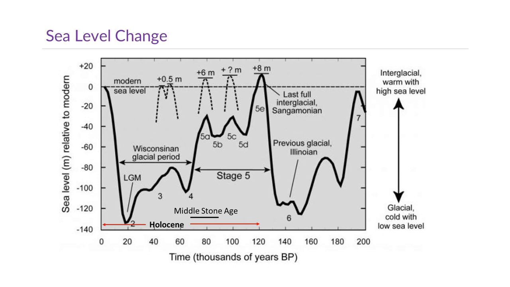It makes you wonder, some of these shell middens and things around here, have they ever been properly excavated? And then the last glacial maximum was in fact about 20,000 years ago. And also the sea level got pretty low there as well.